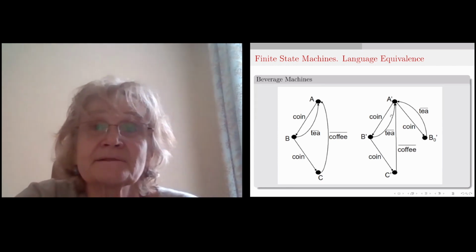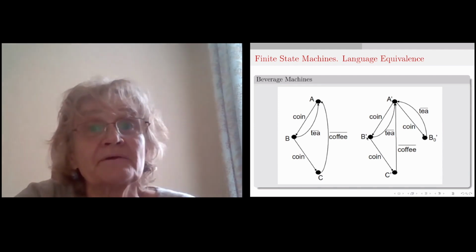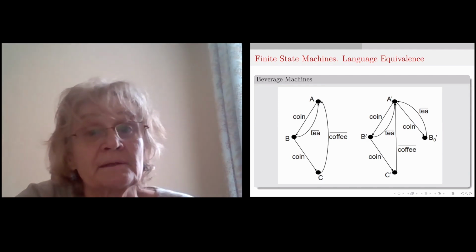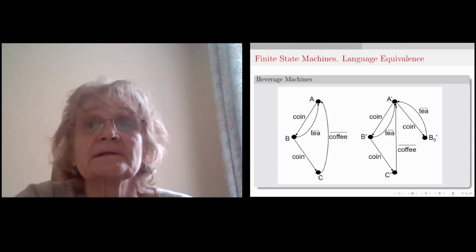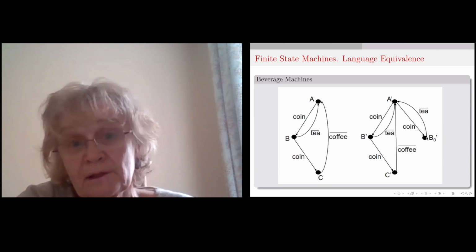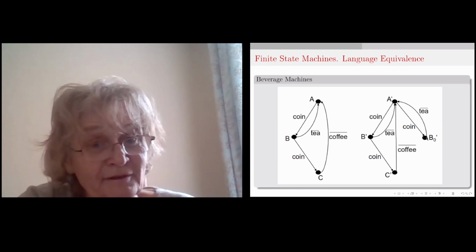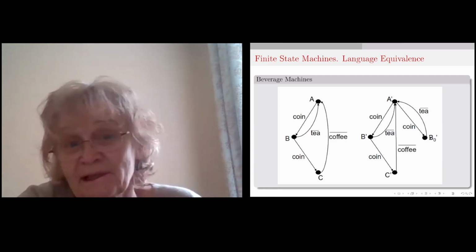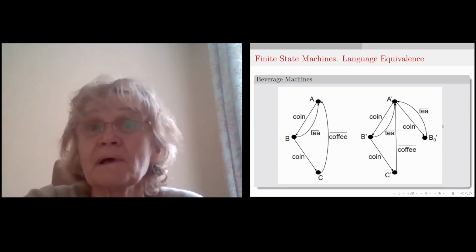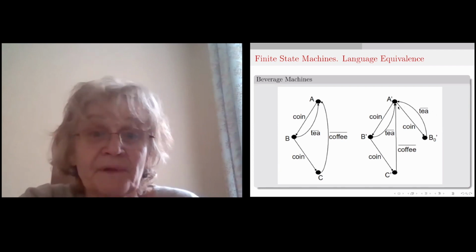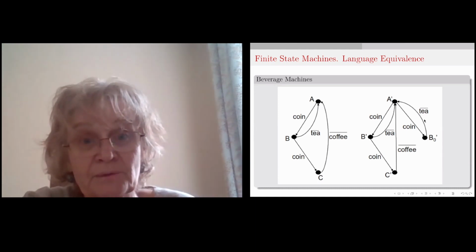It looks like a coin was inserted, and then, if we are in B prime state, we can add a coin and get coffee or get tea immediately, but here we can't get coffee. So the behavior of this automaton is somewhat different. Non-deterministically, it may depend on many different things. We may be lucky if we need coffee and get it, or we do not have such an opportunity.